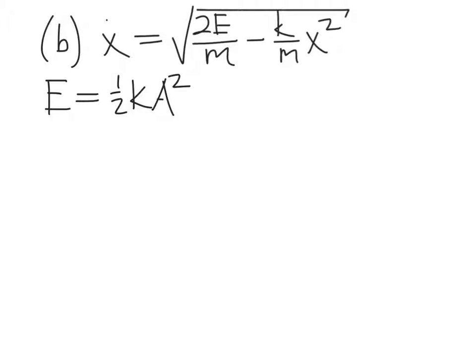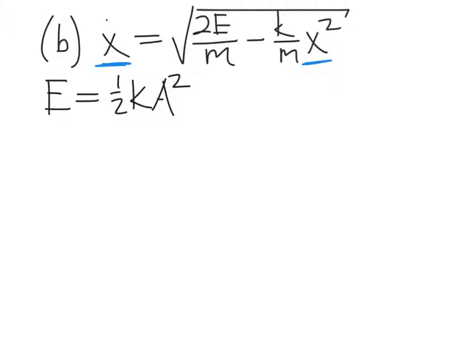So if that's the maximum distance from the equilibrium position, x equals 0, at that point the velocity has to be 0. In other words, the mass is going to move out with a non-zero velocity until it reaches the maximum amplitude, and then it's going to stop. And so when x is equal to the maximum amplitude, the velocity is 0.